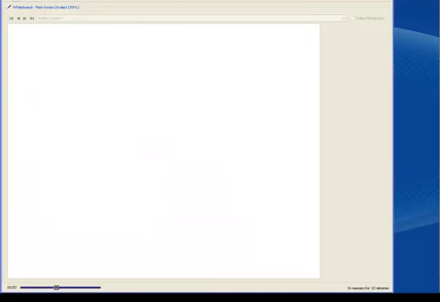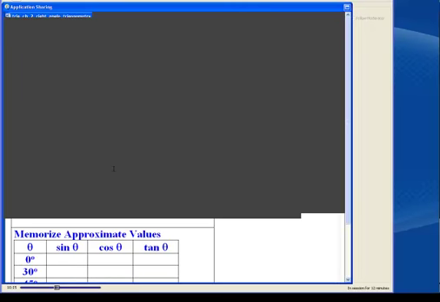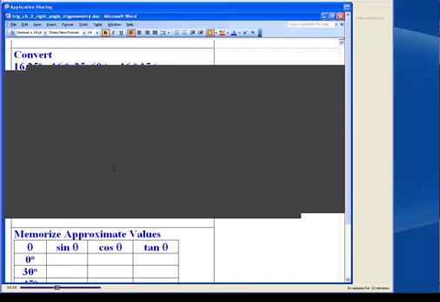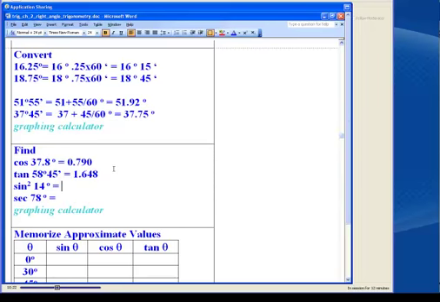Okay, I'm going to go back and write these down. Let's see, 0.790. There we go. Okay. Next topic, memorize approximate values.